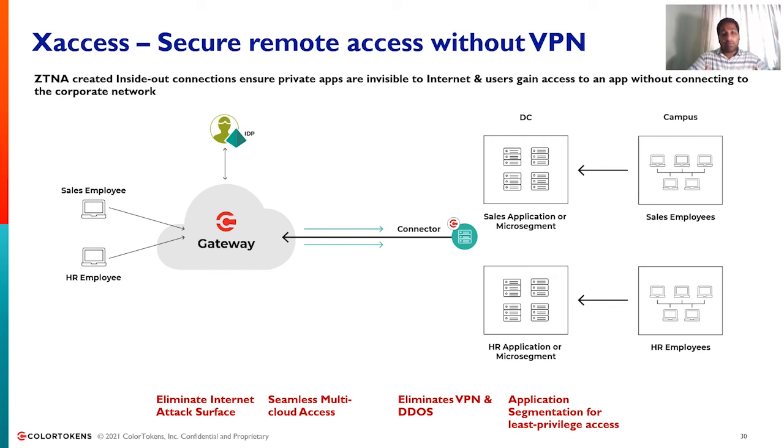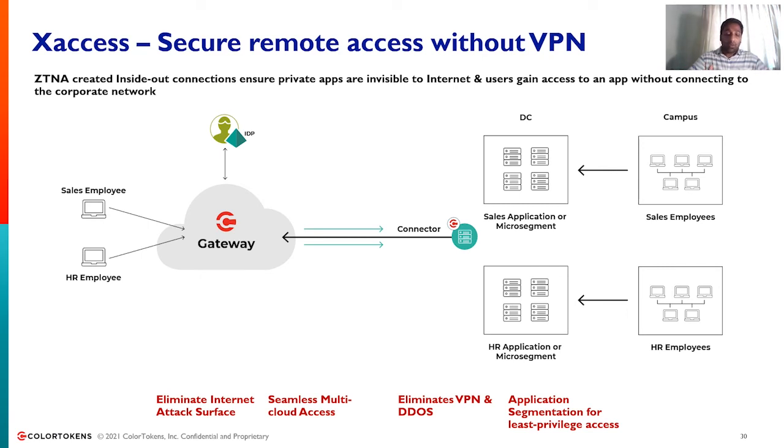With X-Access, you can see that we have a software as a service, SaaS based deployment, where we already have application segmentation with X-Shield, and with those we have the capability to segment different users. Suppose there are sales employees, then we can segregate those sales employees to only access the sales application, because that is relevant to a different micro segment within the data center, residing on premise or in the cloud.